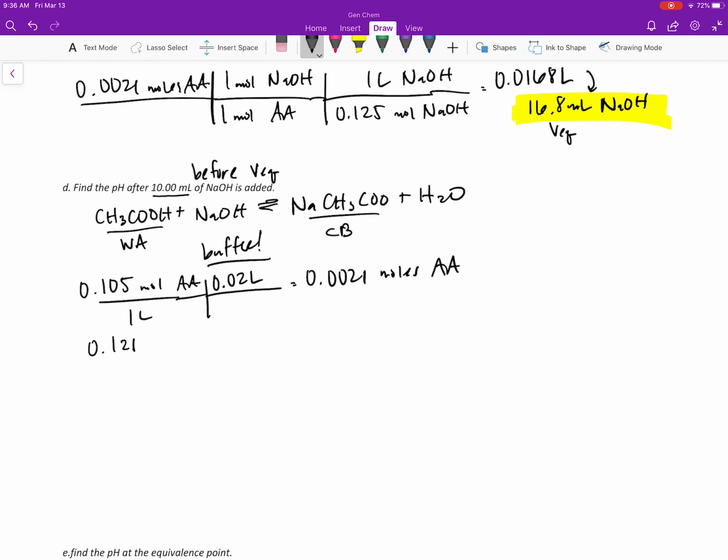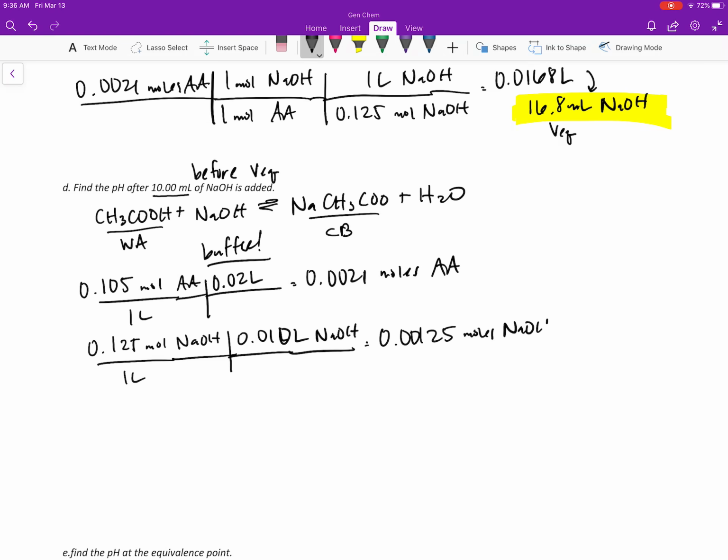And I've added, up to this point, 10 milliliters of my NaOH, which is a concentration of 0.125. So this is going to tell me that at this point I've added 0.00125 moles of NaOH, which makes sense that I have more acetic acid than NaOH at this point because I'm not at the equivalence point.